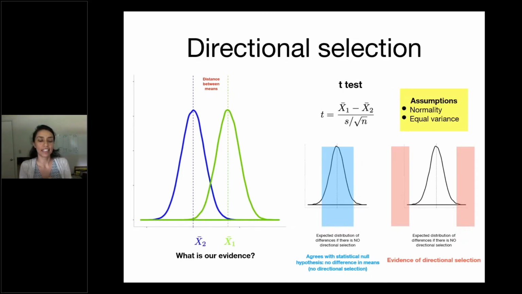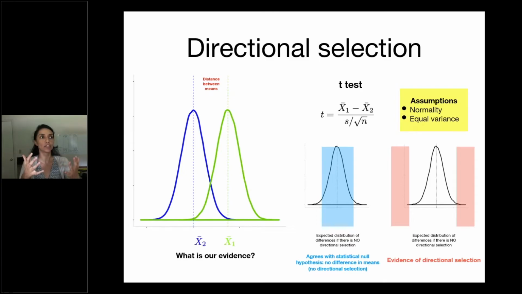The first is that our trait is normally distributed, so I'm plotting these as really nice normal distributions. The second is that both populations, generation 1 and generation 2, have the same variance. So it's not that you have a really fat curve compared to a very skinny one. They have similar variances.